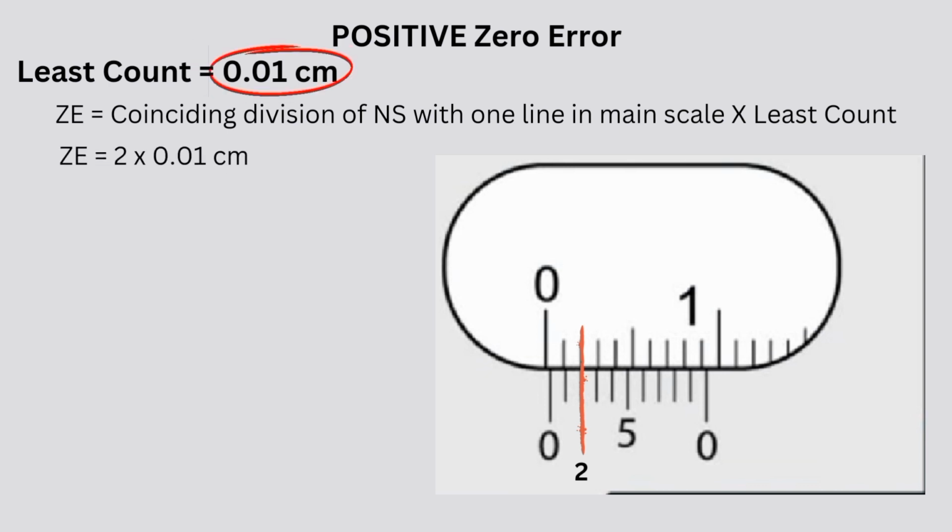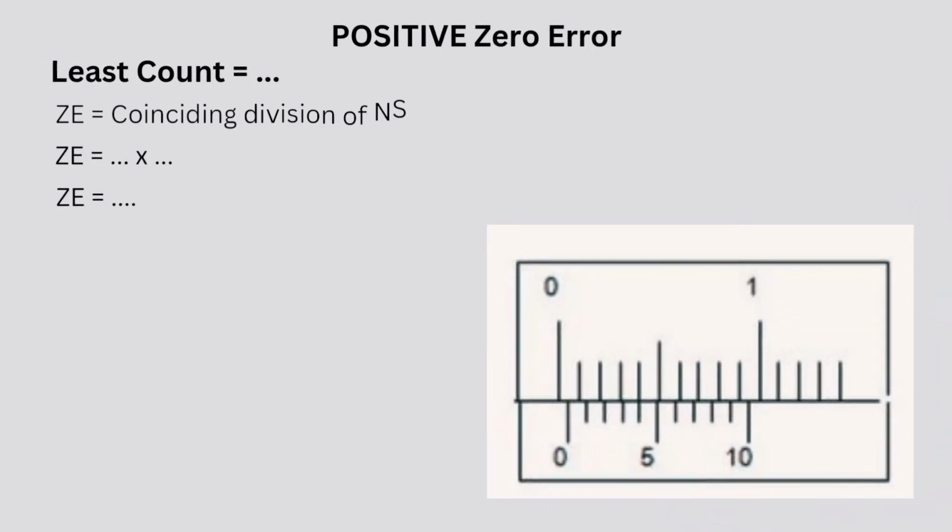So, we have a positive zero error equal to positive 0.02 cm. Let's find the magnitude of positive zero error from this vernier caliper for the exercise.